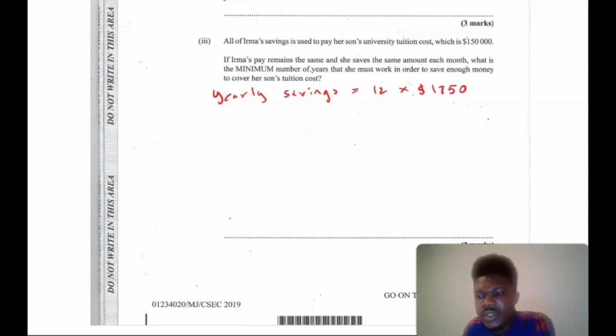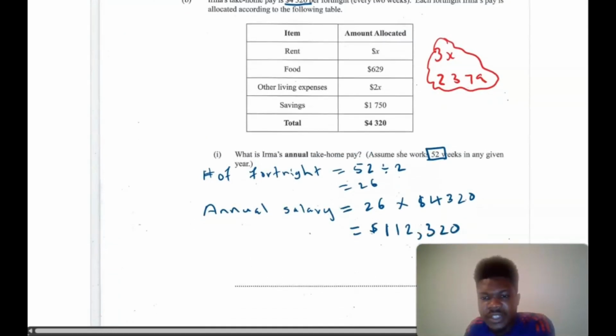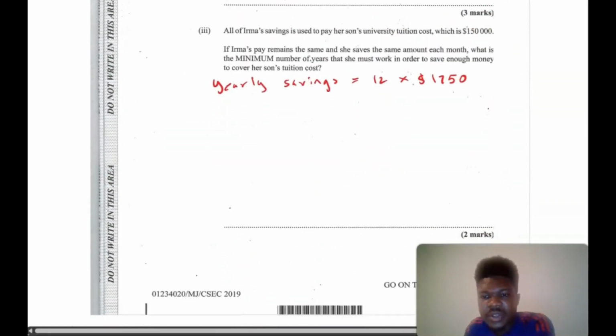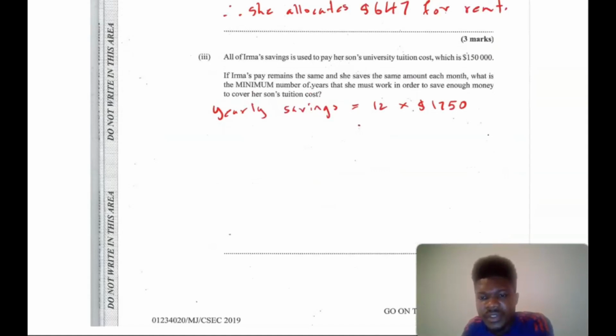1,750. And for me, sometimes I would just go back to double check that the savings is correct. So let's continue. Enter in our calculator 12 times 1,750. That's 21,000. So she will save 21,000 per year.